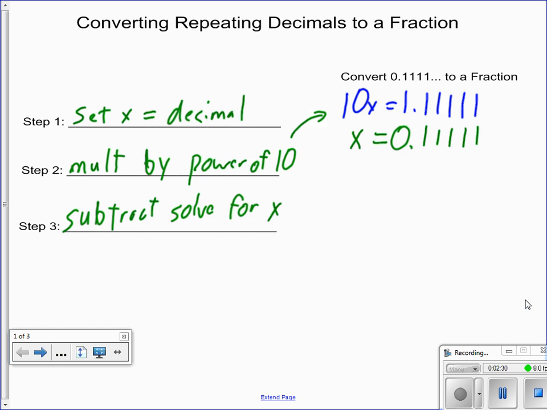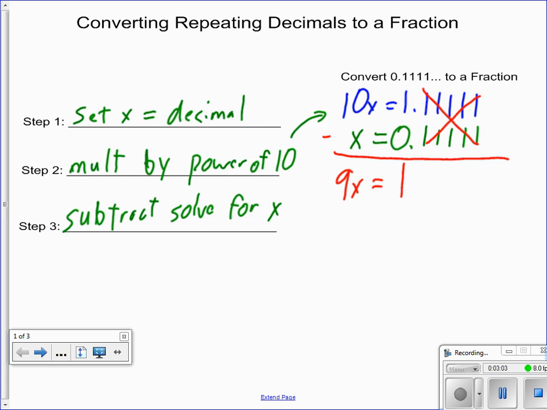I'm going to subtract here, and I'll solve for x. 10x minus x, I take 1x away, and now 9x. Over here, I'm going to subtract these, so they all cancel each other out. 1 minus 1 is 0, 1 minus 1 is 0, and so on. 1 minus 0 is 1. So I get 9x equals 1.